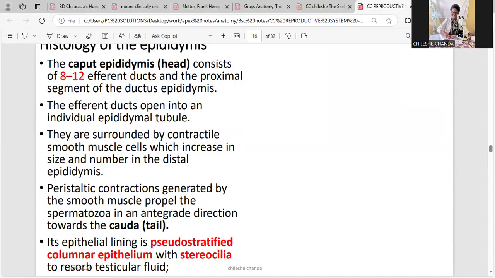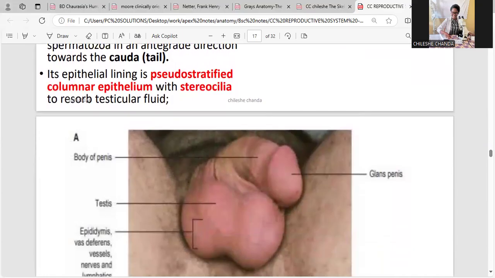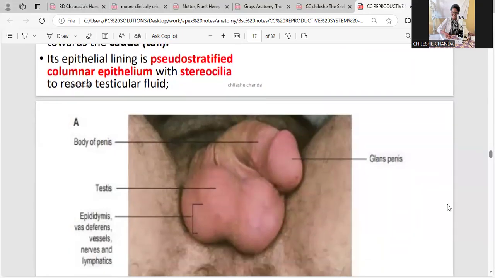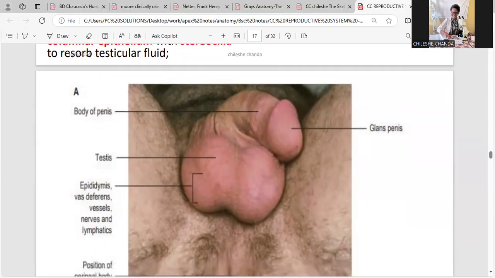Its epithelial lining is pseudostratified columnar epithelium, okay? Pseudostratified columnar epithelium. The other thing that you're going to notice is that it has what are known as stereocilia on top, and those stereocilia are the ones that help to absorb whatever extra fluid there is in the fluid that brought the sperm to the epididymis.